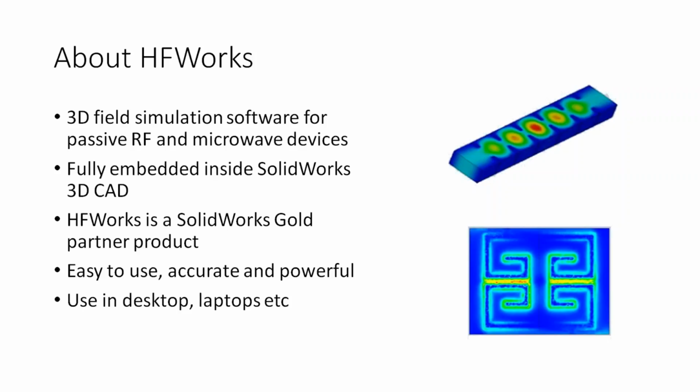As I said, it's a gold certified product. That means the look and feel, the documentation, etc. will be very similar to your SolidWorks CAD. So for those of you who are well used to SolidWorks CAD and who've been designing using it, learning this tool or using it to do your simulations is going to be extremely easy. It's easy to use, and certainly very friendly and similar to SolidWorks.